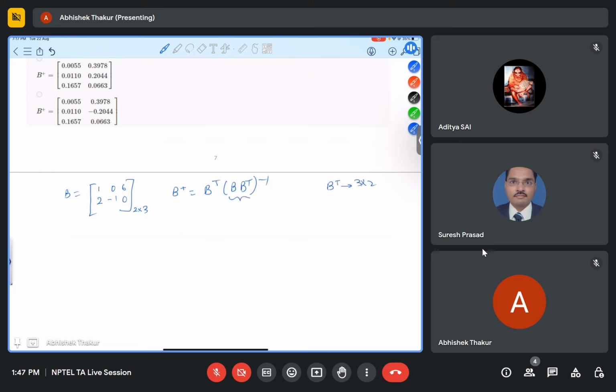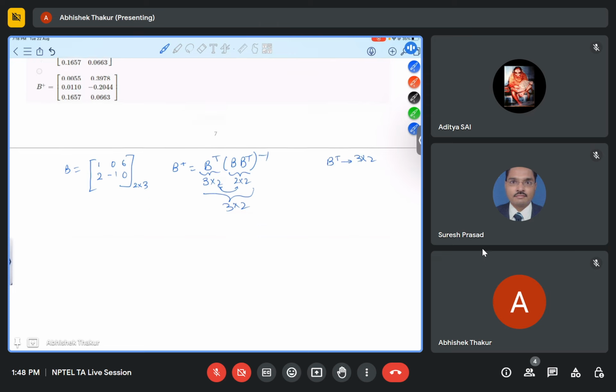When you multiply these two, we get 2 cross 3 into 3 cross 2, which should be 2 cross 2. The inverse of a 2 cross 2 will be 2 cross 2 only, and B transpose is 3 cross 2. So the final matrix is 3 cross 2. Okay, let's find this now.